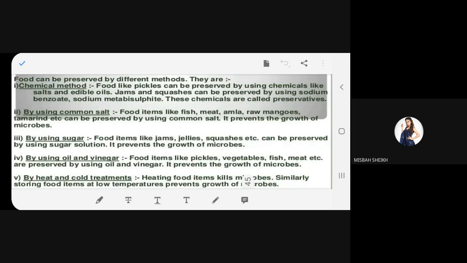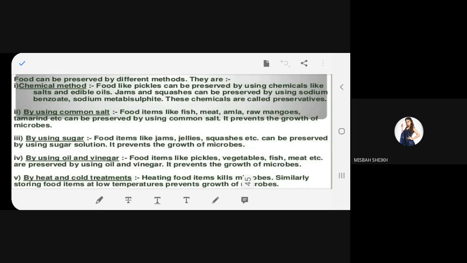The chemical method is what? We are using chemicals, right? Where are we using chemicals? Pickles. What are we adding? Salt and oil. So if you put less oil in pickle, it will go bad. Remember that. So mama puts lots of oil and lots of salt in the pickle so that it will stay. Now you have jams and squashes.